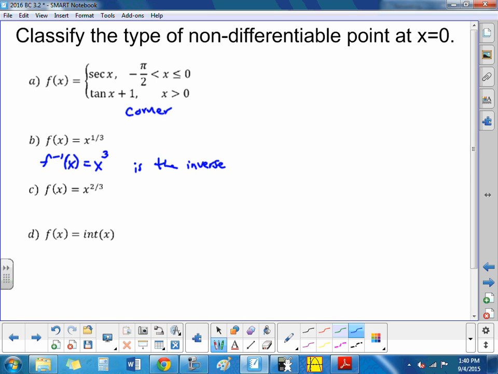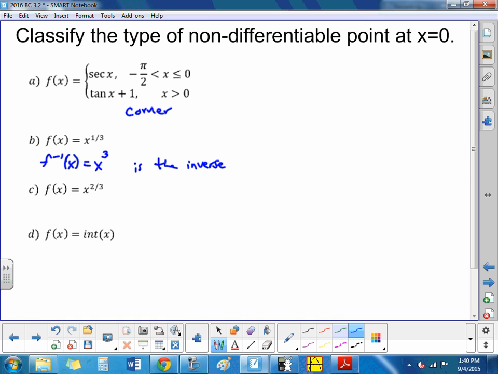Listen, if you can graph y equals x cubed, then you can graph y equals cube root x, because they are related through a simple reflection. Remember that if you can graph y equals x cubed, and then reflect it over the y equals x line, that is the graph of y equals cube root x.